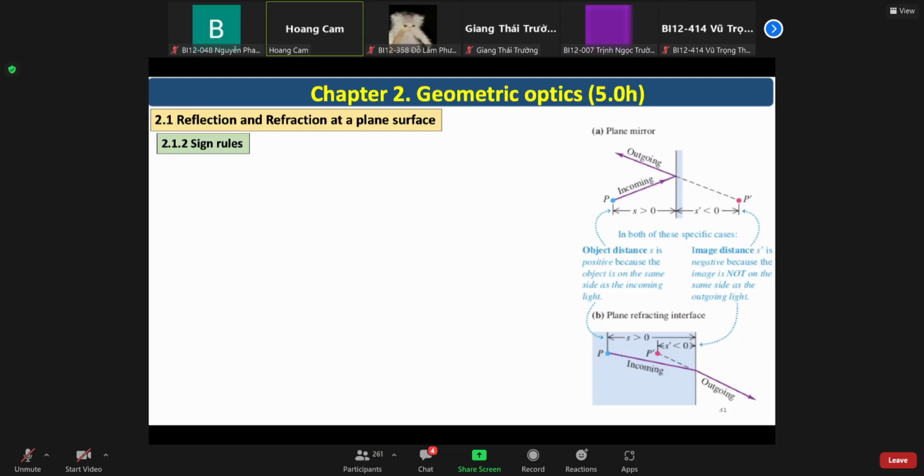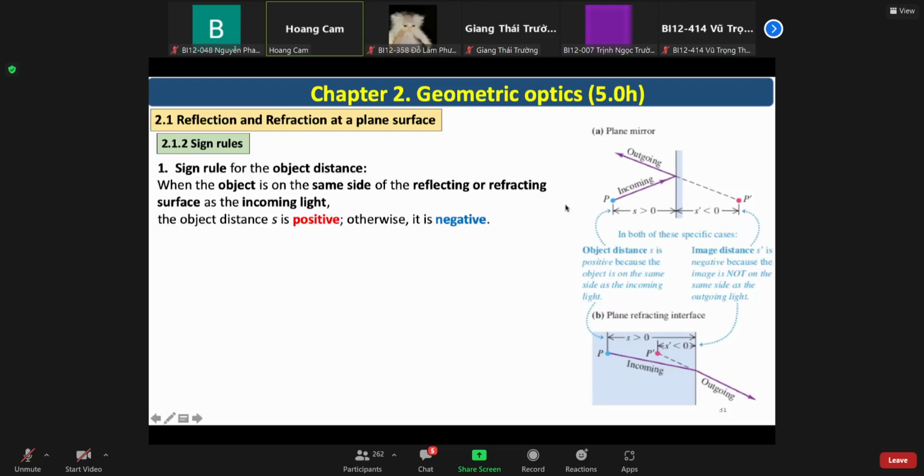Because for these two types, the radius of curvature is positive or negative. So we need the sign rules so that you don't get confused about that.